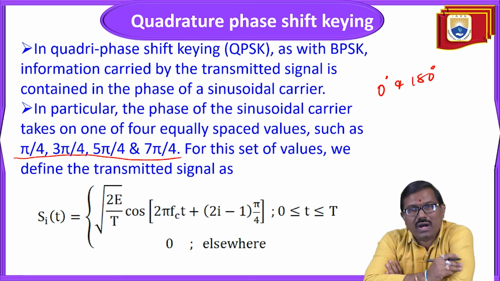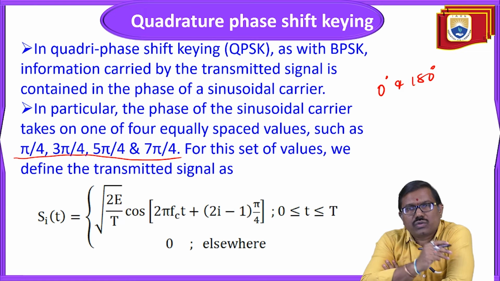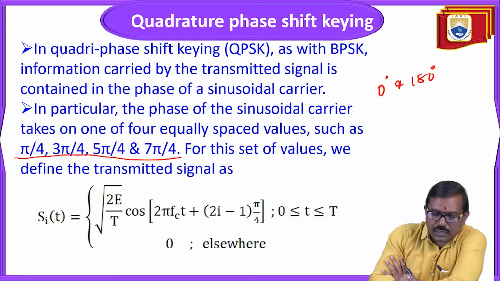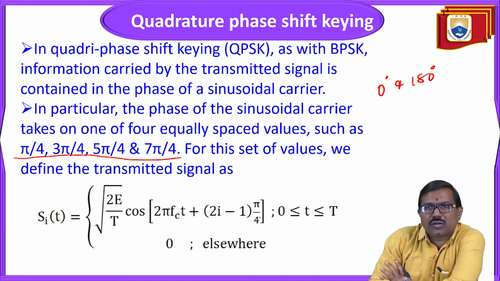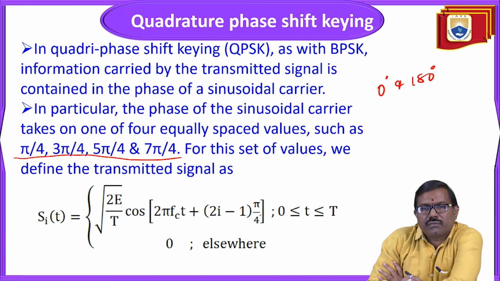For example, for i equal to 1, that is 2 minus 1, we got pi by 4. For i equal to 2, that is 2 into 2, we got 4 minus 1, that is 3 pi by 4.